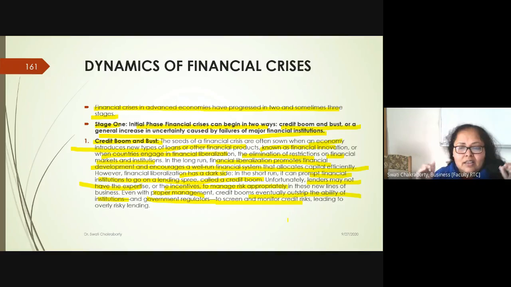So there's a certain amount of risk, and you should not go beyond that. But these financial institutions get overexcited and start lending beyond that risk, which leads to overly risky lending.